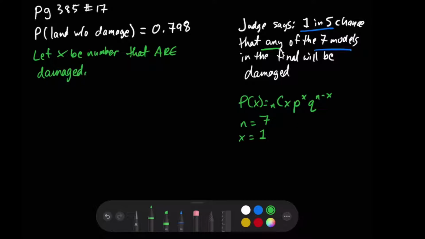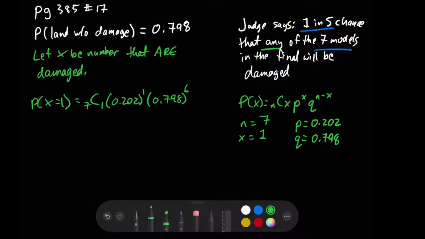So our probability of, well, let's find q first. Our probability of not being damaged is 0.798, which means our probability of success, which is our probability of being damaged as we've defined it in this case, is going to be 0.202. Let's do our calculation and see what we get.